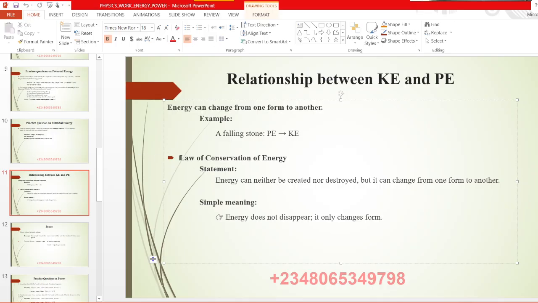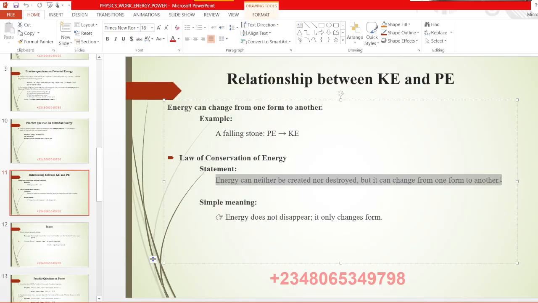So the law of conservation of energy simply states that energy can neither be created nor destroyed, but it can change from one form to another. So please take note that at a point in time, a body might have kinetic energy and later become potential energy, or from potential energy to kinetic energy.